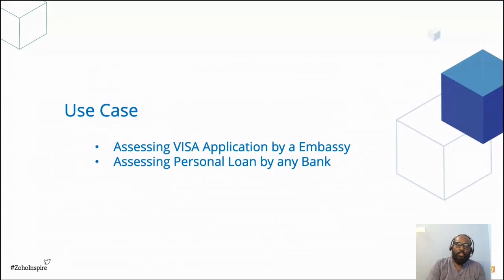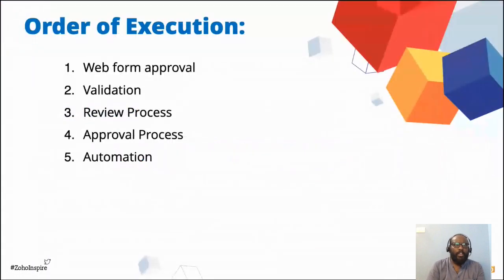So what is the order of execution in the review process? For example, say these visa applications or loan application forms are getting submitted through a web form.